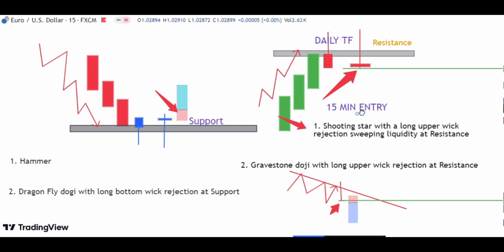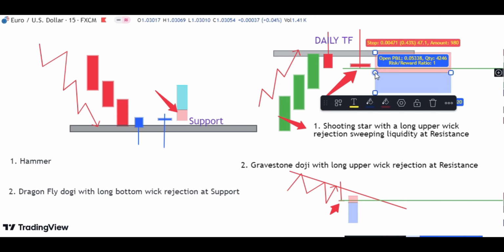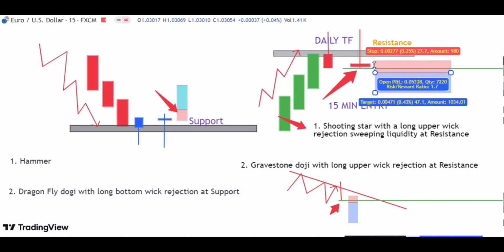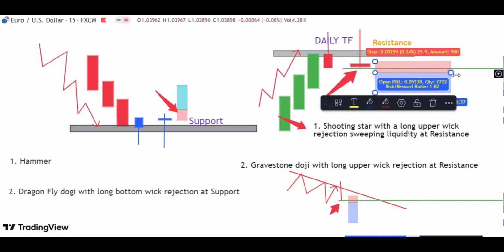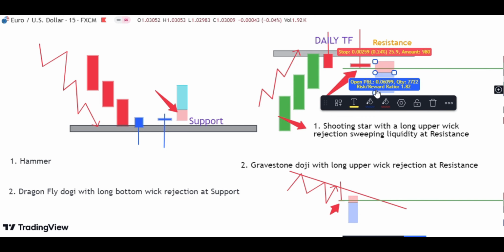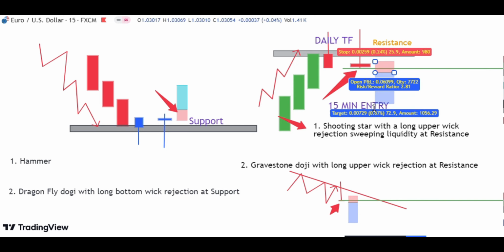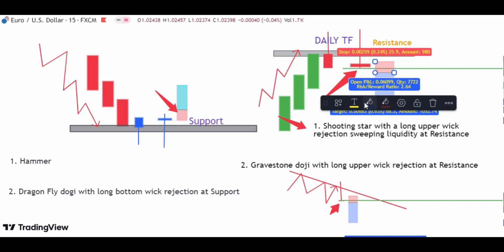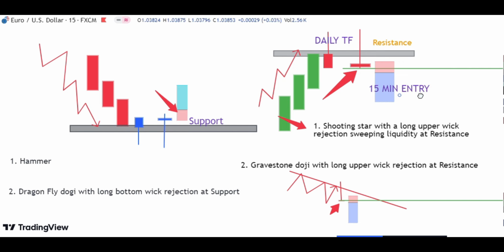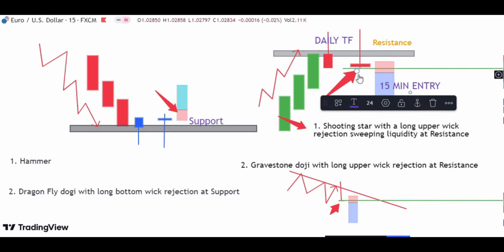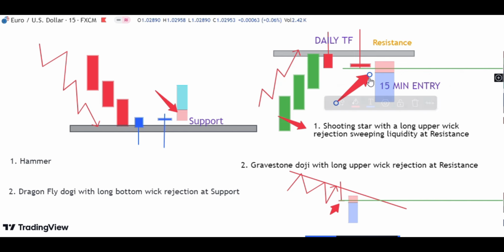So you are looking for sell opportunities below that horizontal green line which you have marked out, and you're looking for a 1:2 or 1:3 risk to reward ratio the next day in the 15 minutes time frame. So this is how this strategy works. I have back tested it, and it has worked for me. It has really worked, especially on those specific time frames that I have shown you here on the screen.